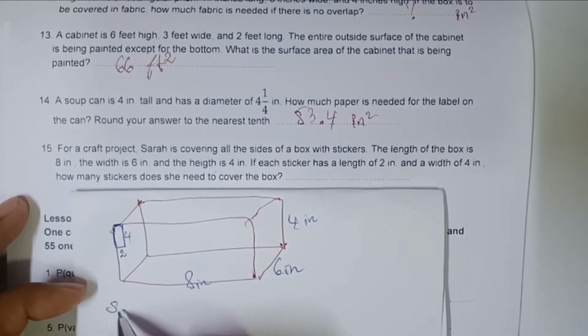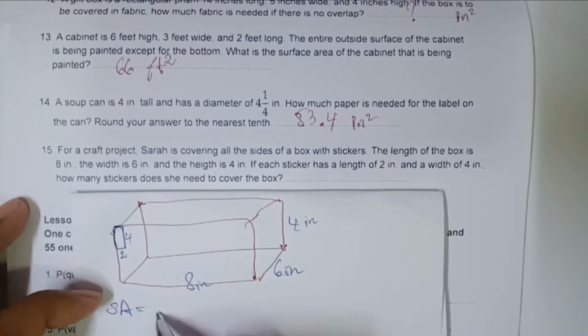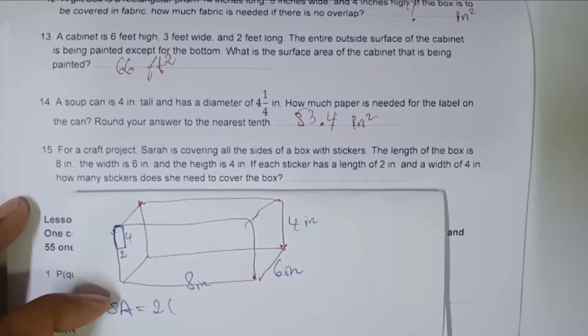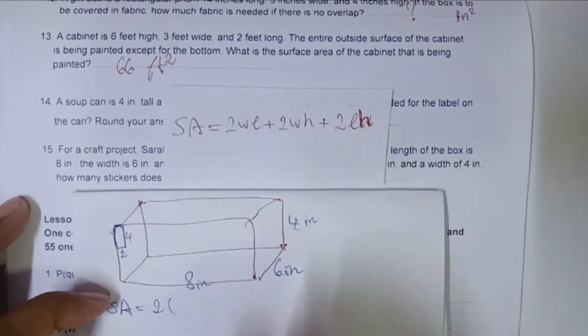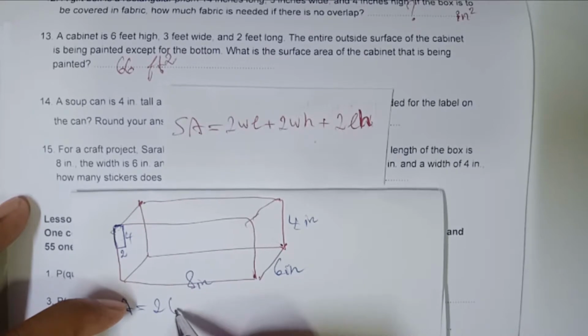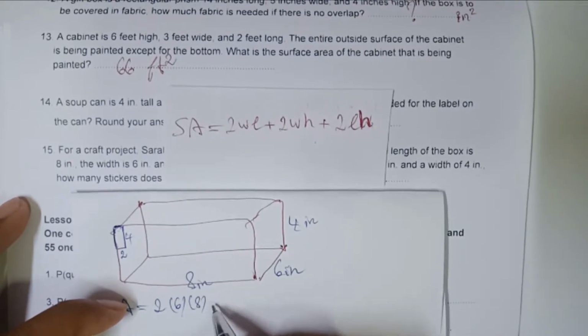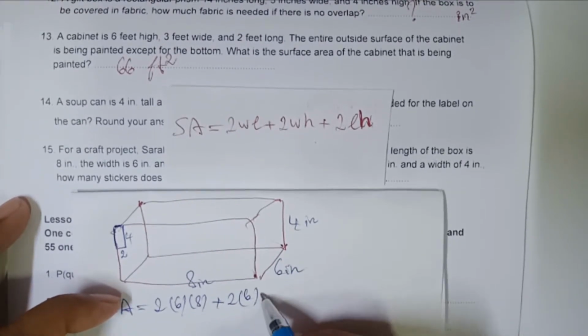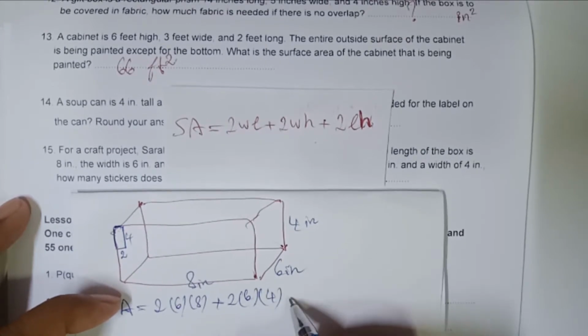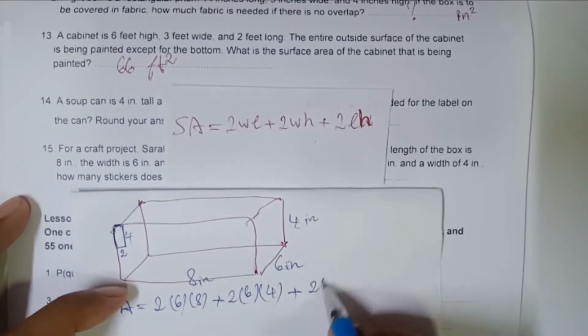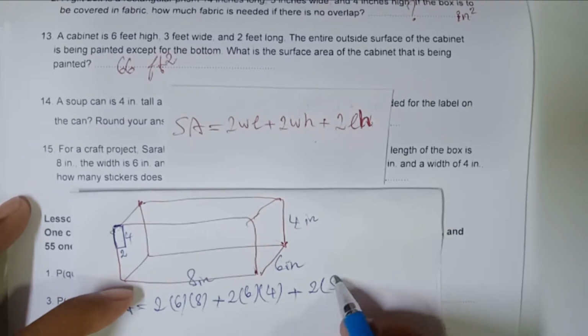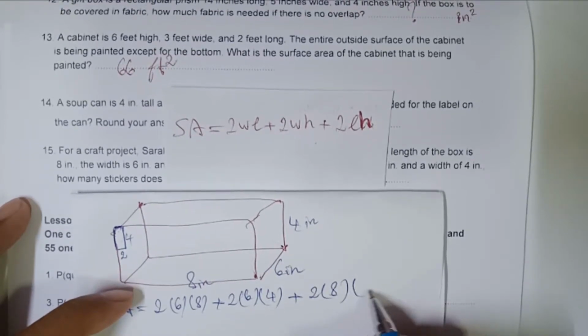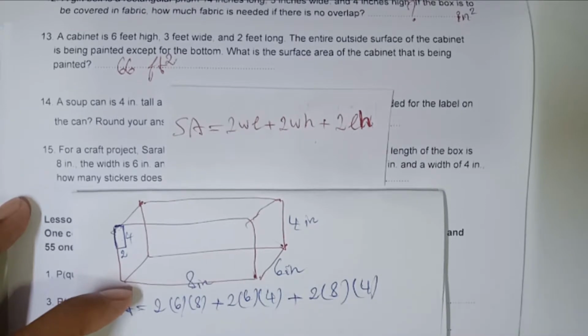So the surface area of this box is equal to 2 times L times W, which is 6 times 8, plus 2 times W times H, which is 6 times 4, plus 2 times L times H, which is 8 times the height, which is 4. Let's work on that together.